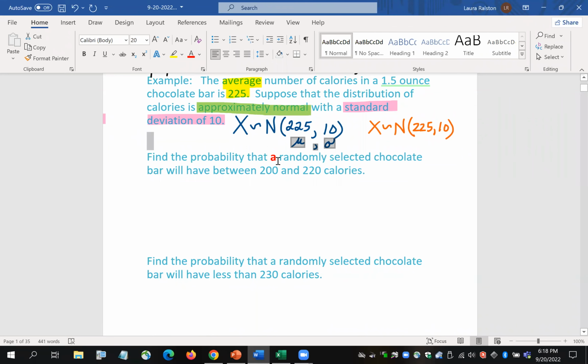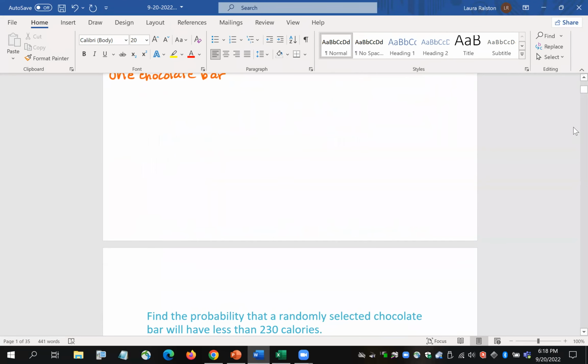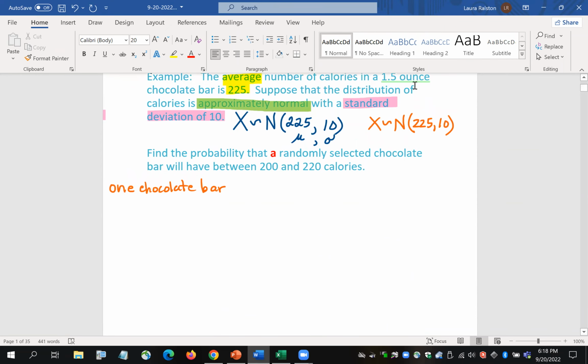So a implies that we are only going to select one chocolate bar. And we want to know what's the probability that we'll have between 200 and 220 calories.